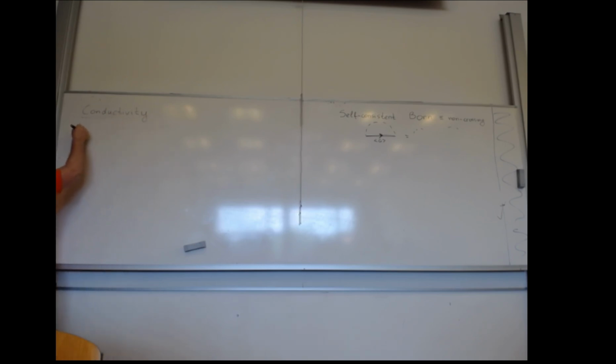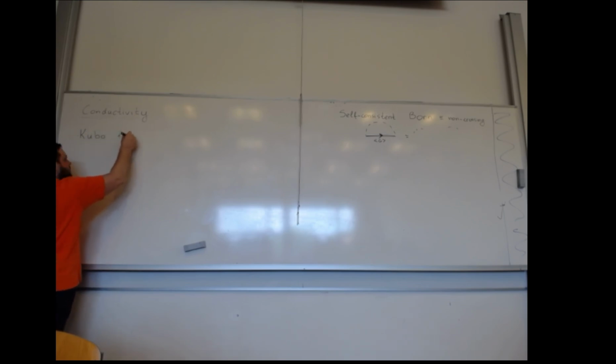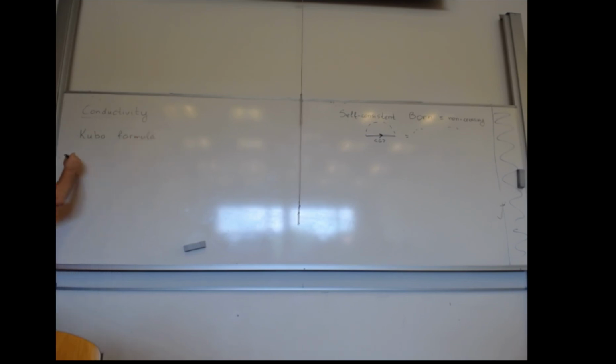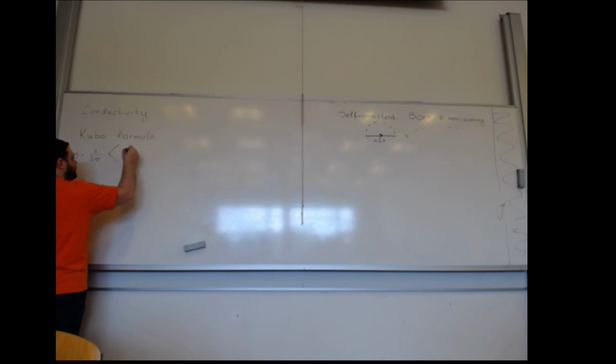Conductivity, it's a version of the Kubo formula. Now, very similar to what we had with the diffusion propagator, conductivity is 1 over 2 pi times the average of the following function.